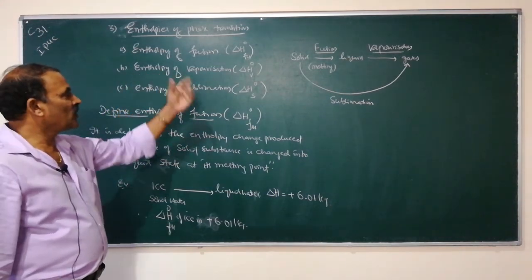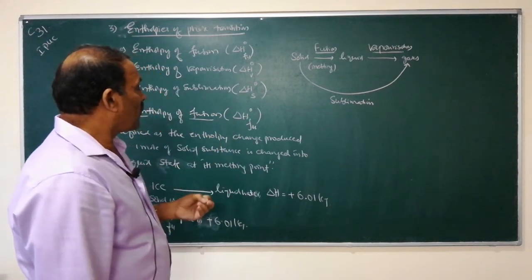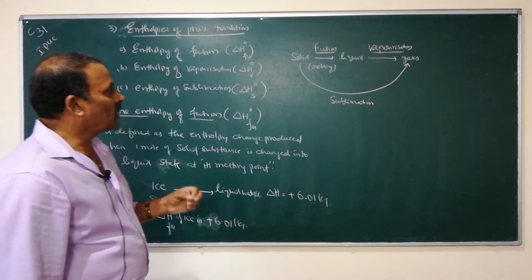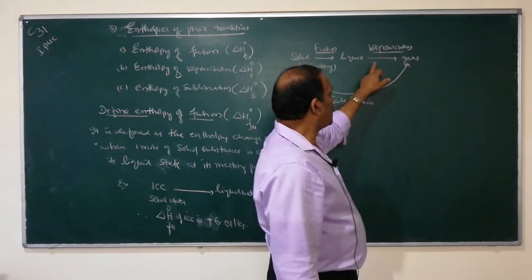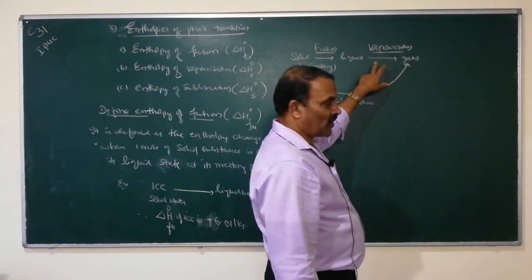Similarly, what is enthalpy of vaporization? It is defined as the enthalpy change produced when 1 mole of liquid substance is converted into its gaseous state at its boiling point.